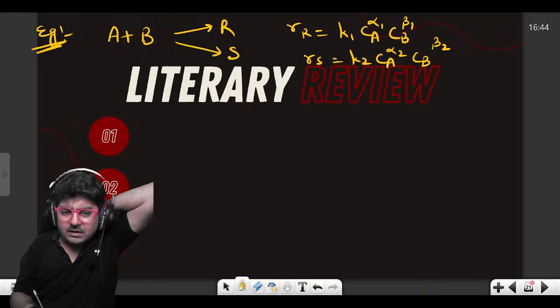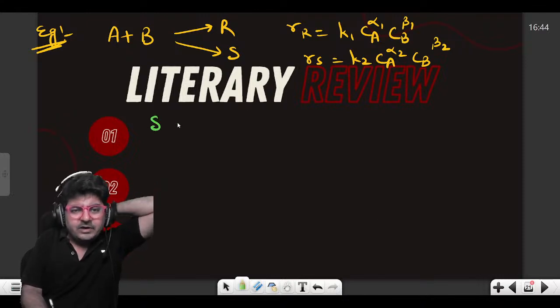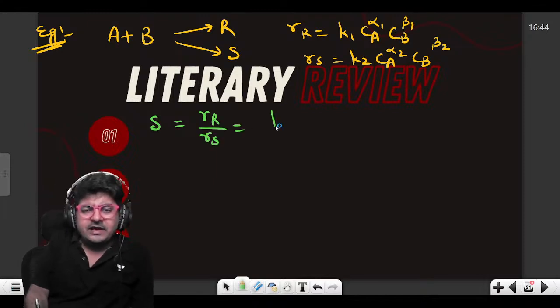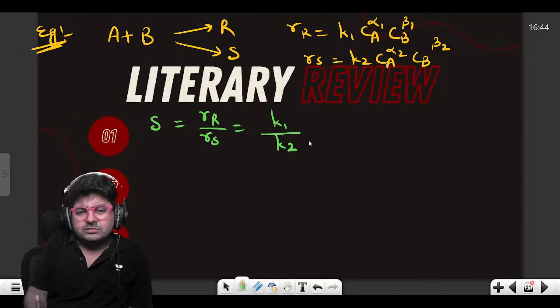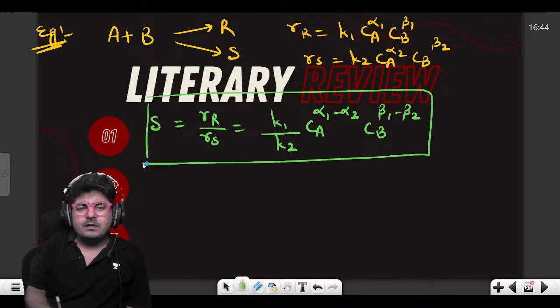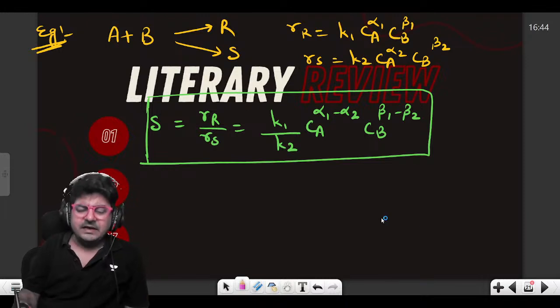Okay, simple. तो आपकी इंस्टेंटेनियस सेलेक्टिविटी क्या होगी? S, that will be equal to RR over RS, or you can write K1 upon K2 times of CA power alpha 1 minus alpha 2 into CB power beta 1 minus beta 2. So how I can increase instantaneous selectivity? That is the question.